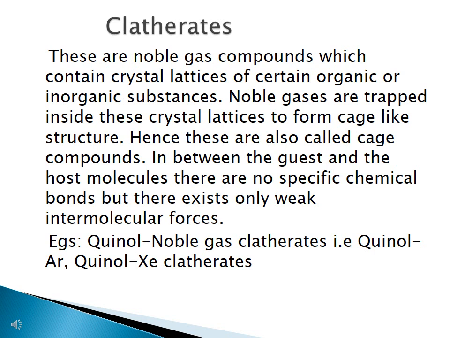Hence, these are also called cage compounds. In between the guest and the host molecules, there are no specific chemical bonds, but there exist only weak intermolecular forces. Examples: quinol noble gas clathrates, that is, quinol argon, quinol xenon clathrates.